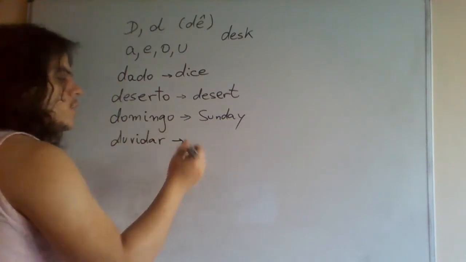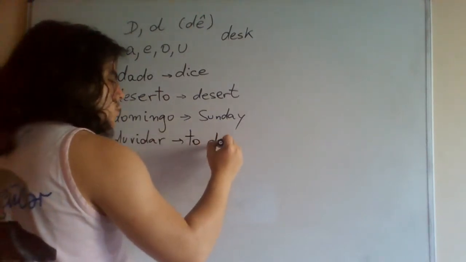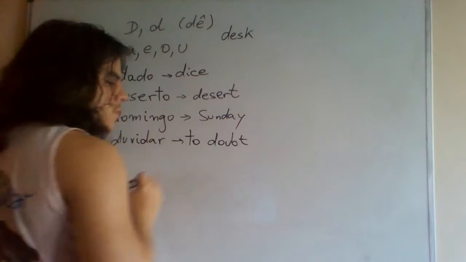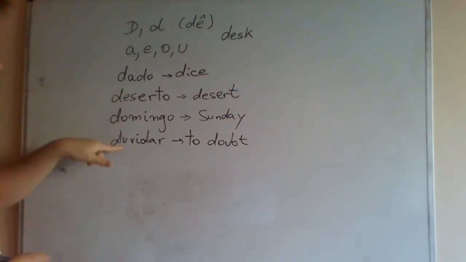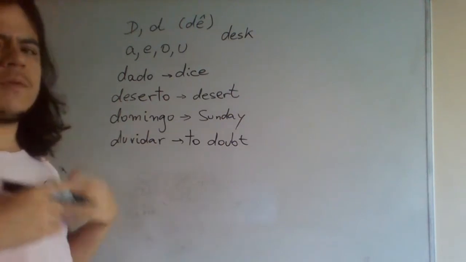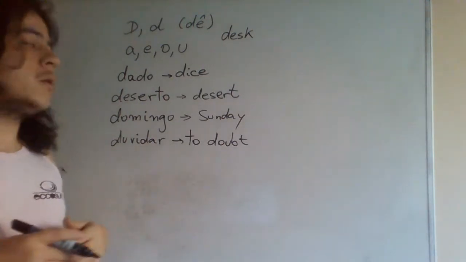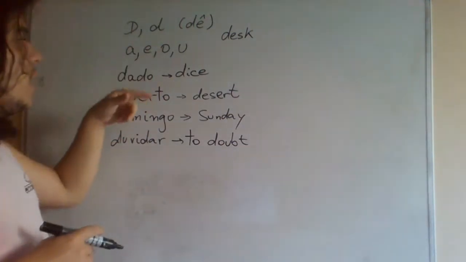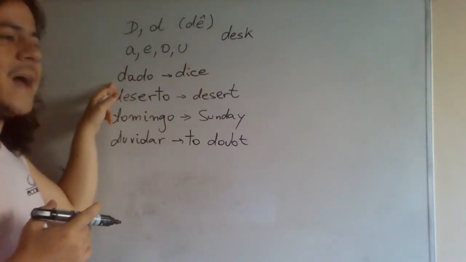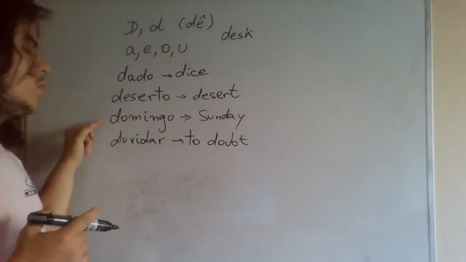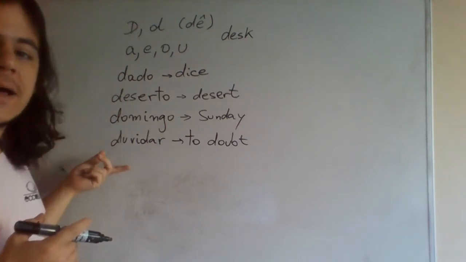It's a verb, to doubt. So before letters A, E, O, and U, and before any consonant, the letter D has a similar sound as in desk. So dado, deserto, domingo, duvidar.